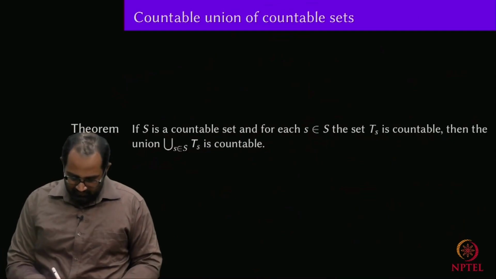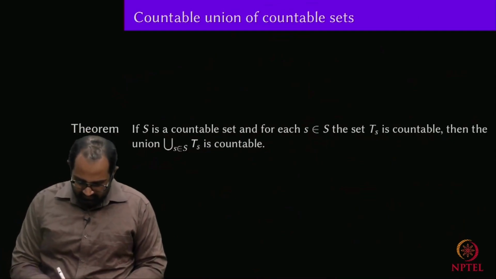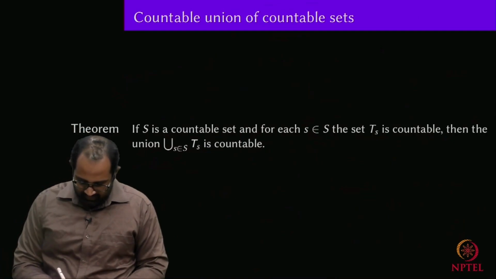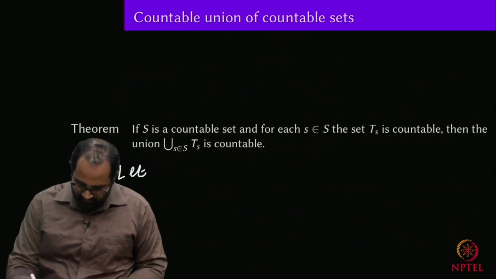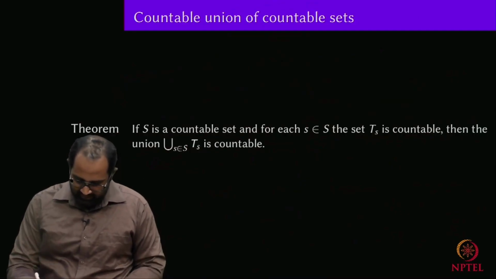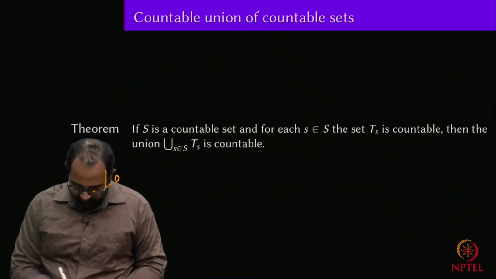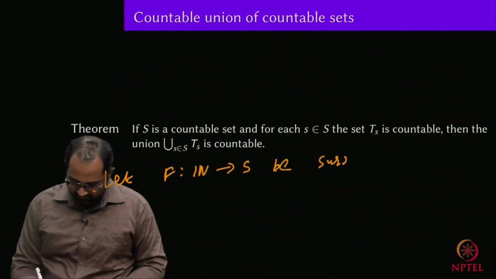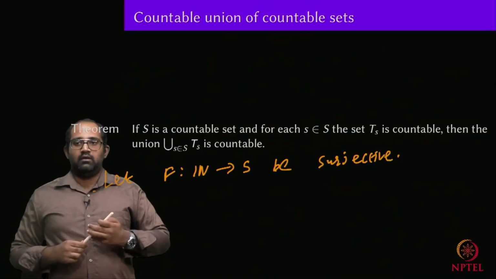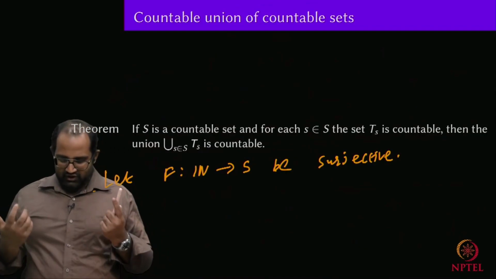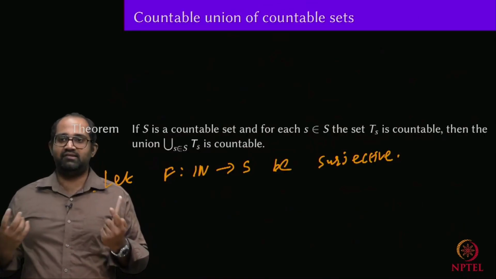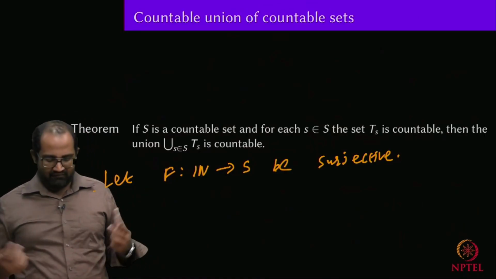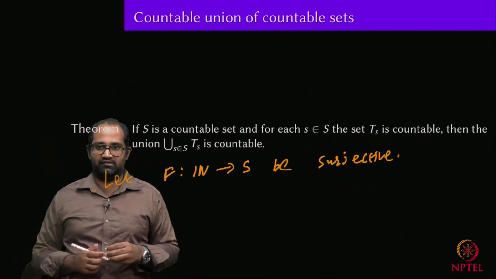Well, what you do is, let me move back to the older color. Let F from N to S be surjective. Whenever you have a countable set, you can list its elements. So I have a surjection from N to S, right?